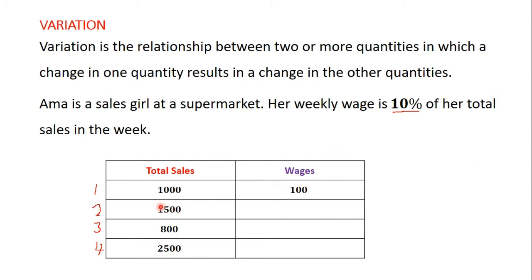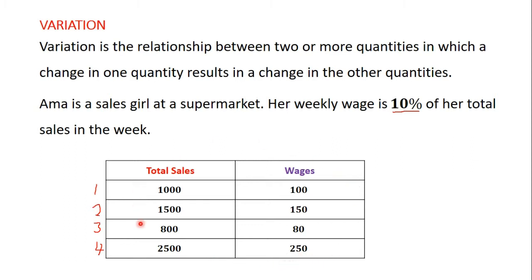In the second week, her weekly wage will be 10% of 1,500 cedis, which is 10 divided by 100 times 1,500. And that will give us 150 cedis. In the third week, her weekly wage will be 10% of 800 cedis, which is 80 cedis. And in the fourth week, her weekly wage will be 10% of 2,500 cedis, which is 250 cedis.